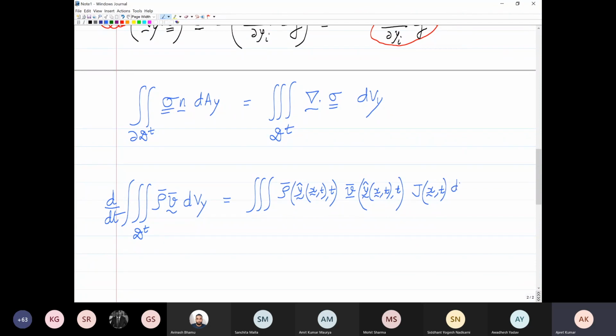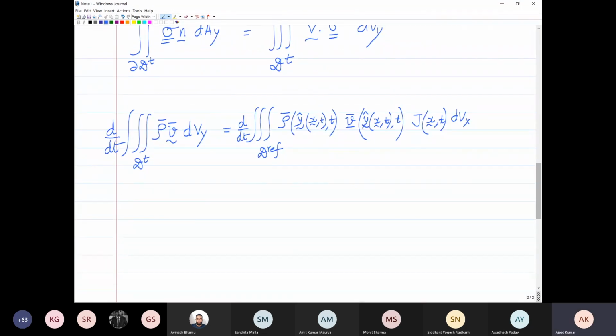And then you have dvx, and then this converts to D ref, isn't it? And then you have d by dt. So this is simple chain rule. Well, I think I should say change of variable. Yes, it's a change of variable.